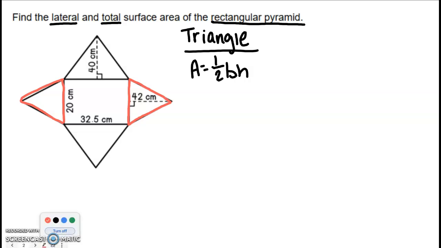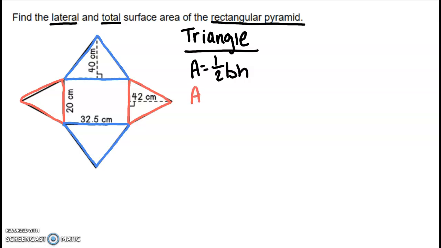But then these two triangles are different from those two, and they are the same size. It doesn't matter which one we find the area of first. I'm going to go ahead and do the one in the reddish color first.